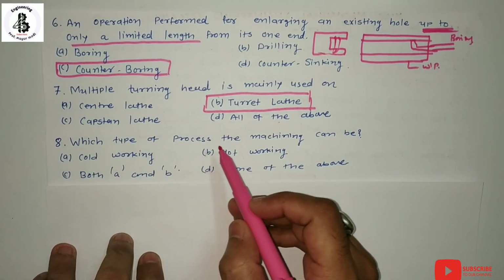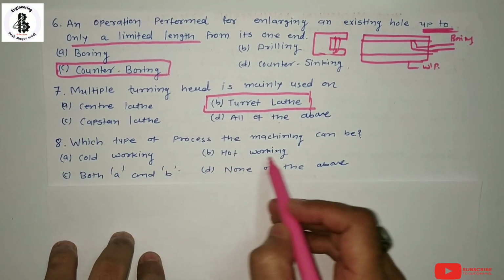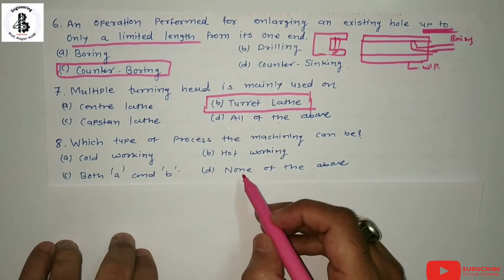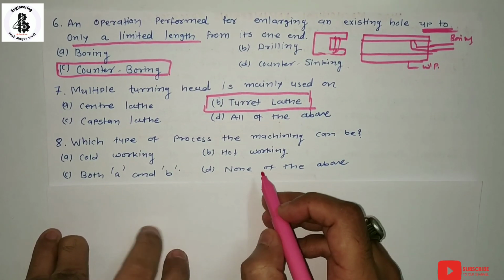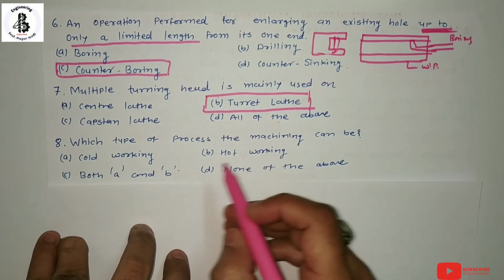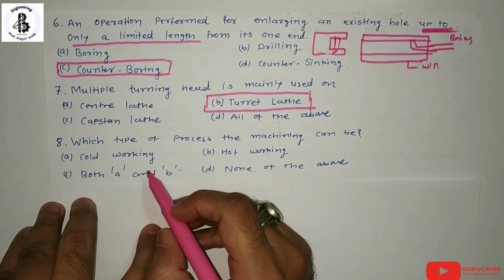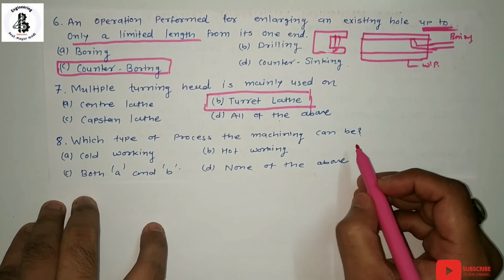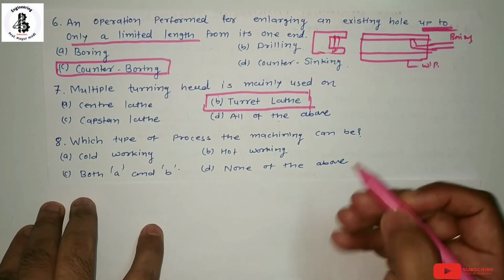Then next question, which type of process can machining be? Option A cold working, option B hot working, option C both hot and cold working, and D none of the above. So basically machining is performed only as cold working. In hot working, machining is done above the recrystallization temperature, or you can say higher temperatures.